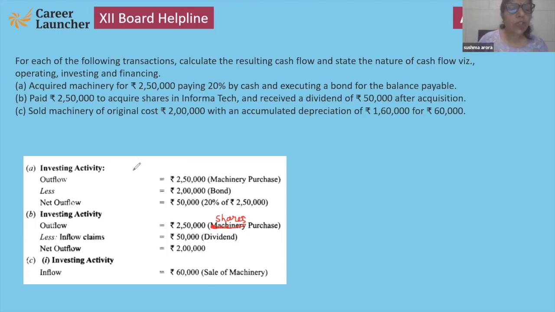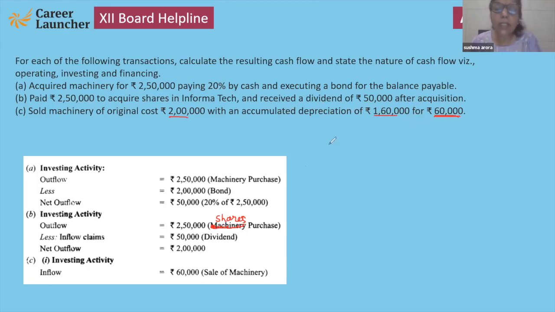Now, last, sold machinery, cost price is this, depreciation is this, it is for 60,000. So simple, 60,000 is sale of machinery. Children, be careful. That type of question may come in competitive exams, CUET, as well as a 1 marker question also. They can give you any one question.